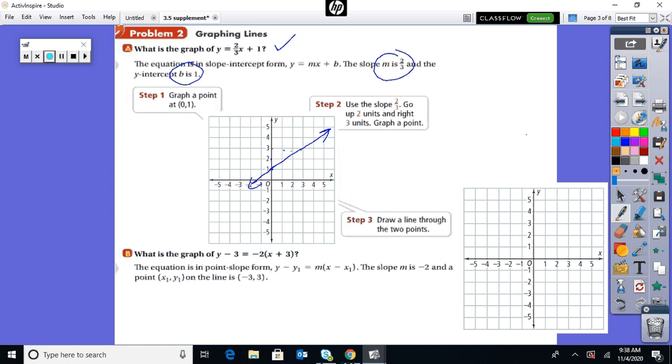Now when you're in point-slope form, like in problem B, it's different. You could switch it back into slope-intercept if you want, but you don't have to. You can just look at what's accompanying the y and the x, and flip the signs on each. So my x value is -3, my y value is +3.